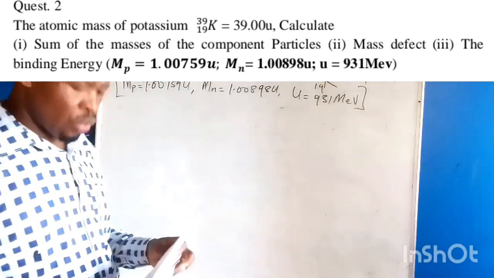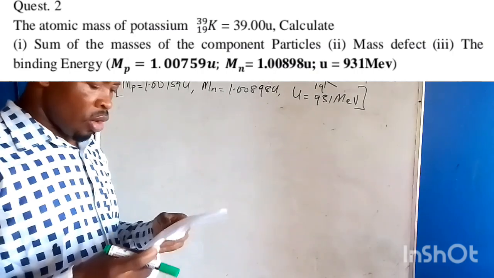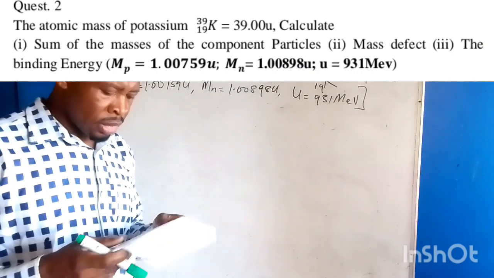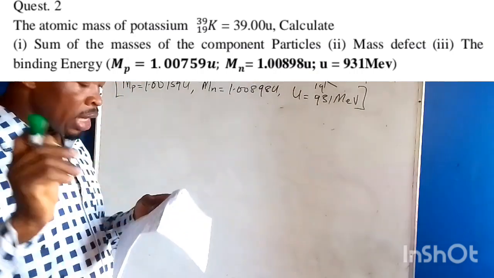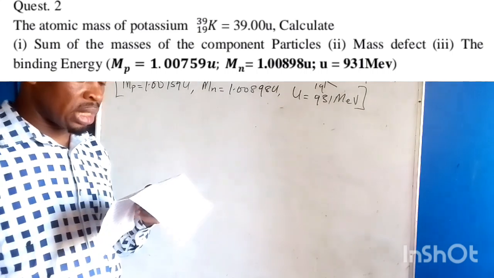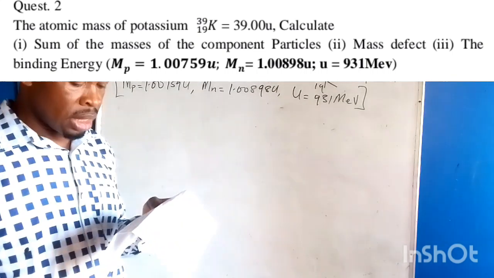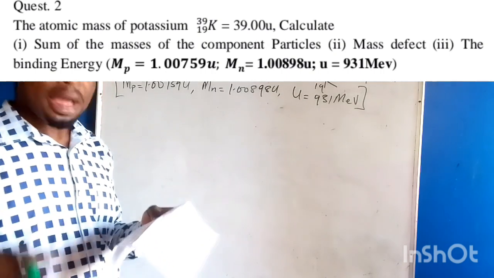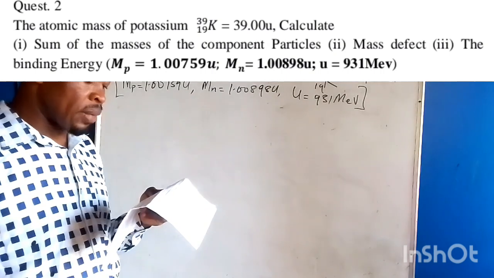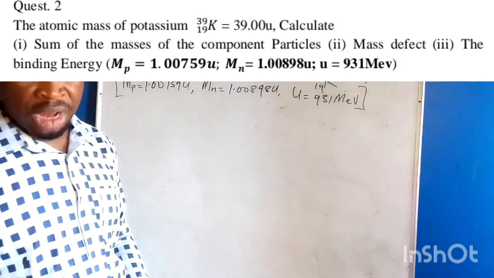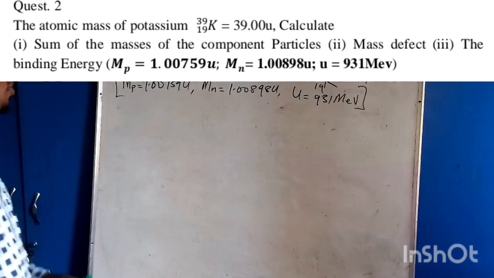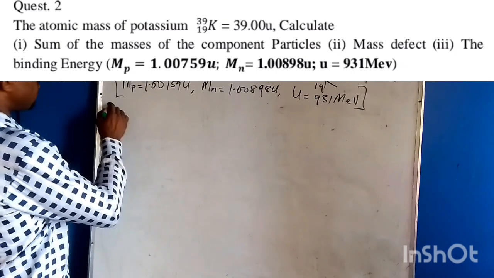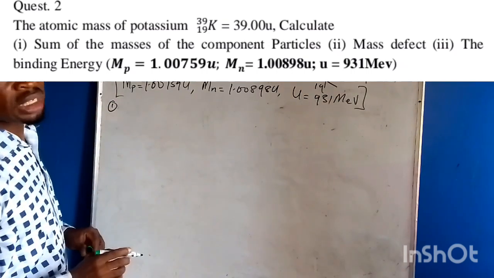The first question says: number 1, calculate the sum of the masses of the component particles of the nucleus. Second, the mass defect. Third, the binding energy. We'll take them one after the other. The first one is the sum of the masses.